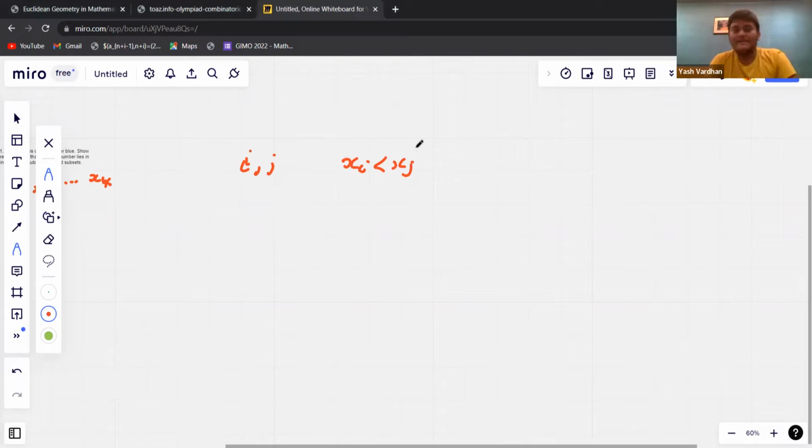Then what could possibly be happening? xi and xj denote the number of blue subsets i and j belong to. If a blue subset contains both j and i, that doesn't really affect us, because we are looking at how these are differing. So we need to look at blue subsets which contain j but do not contain i.